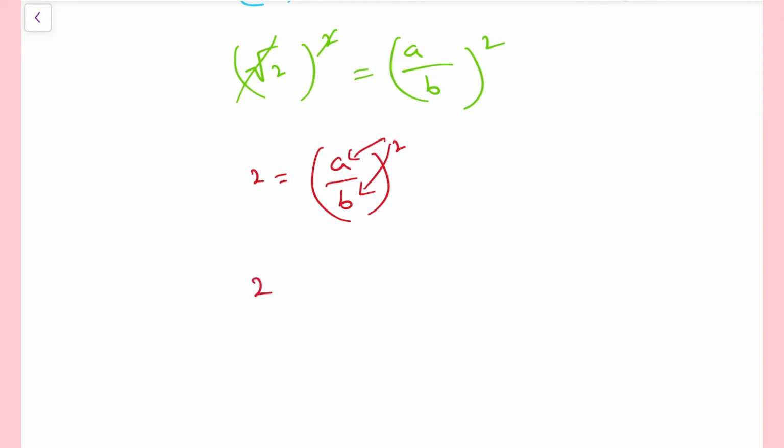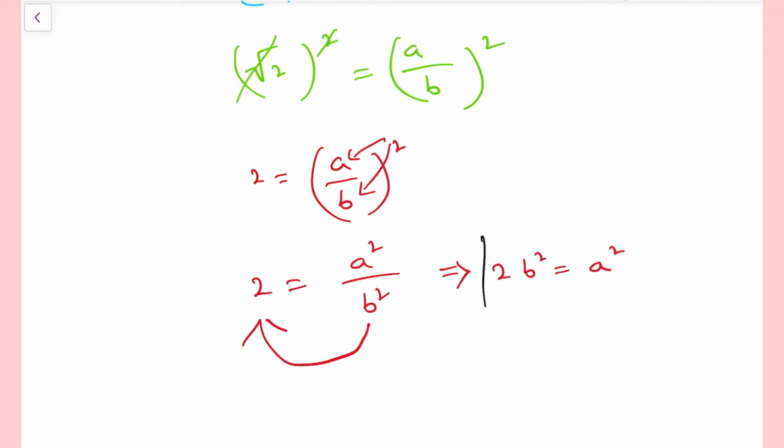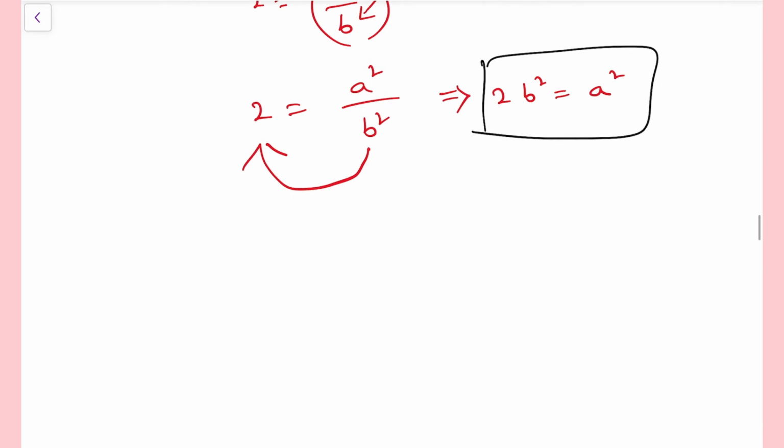Then we remains with 2 equals to a square divided by b square. Now take b square to the left side. So we remains with 2b square equals to a square. Keep this equation aside. Now this 2 also you take to the right side. Then we will get b square equals to a square by 2.